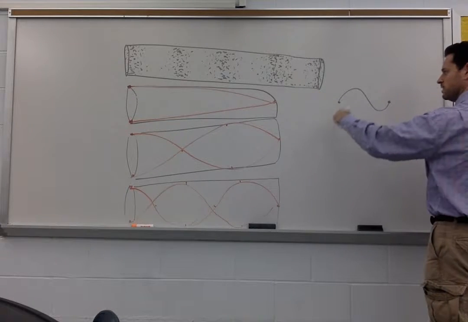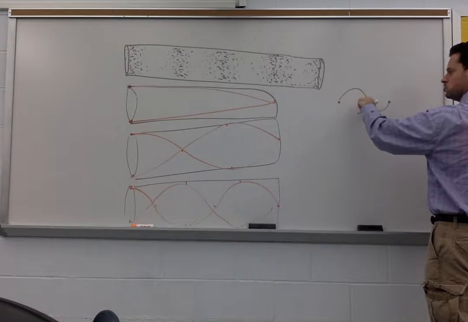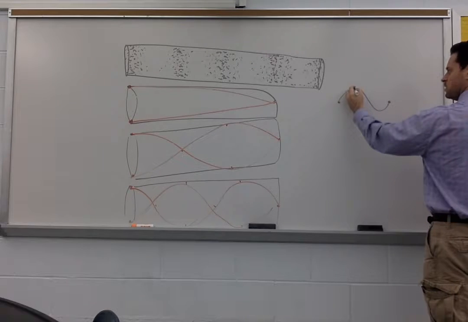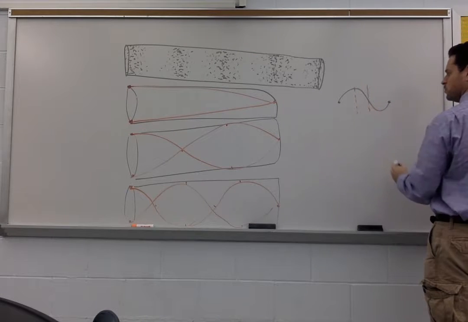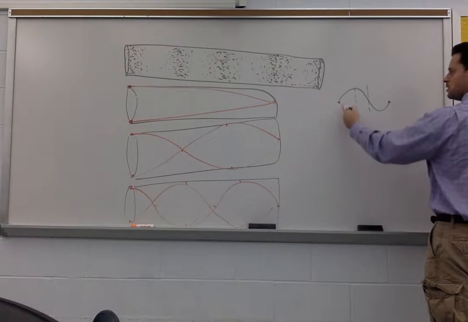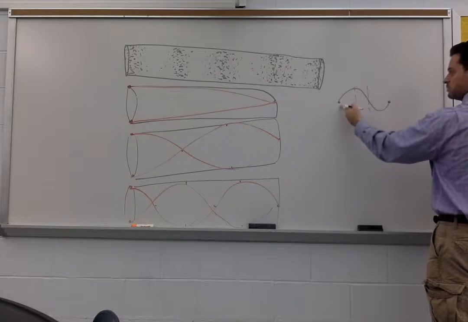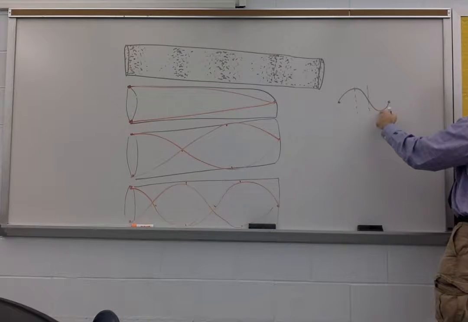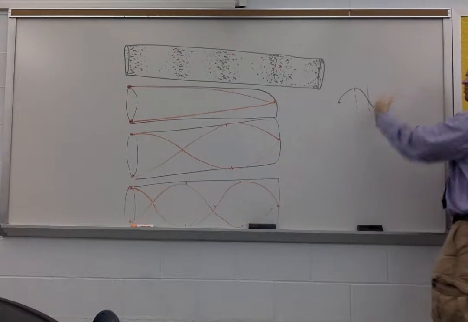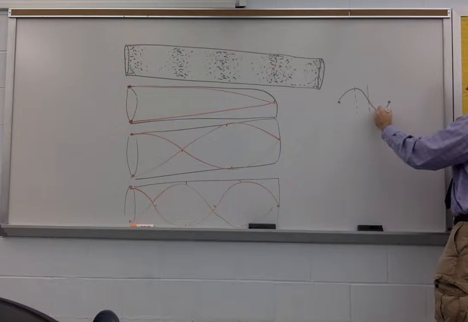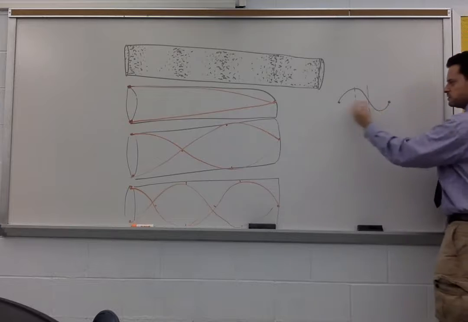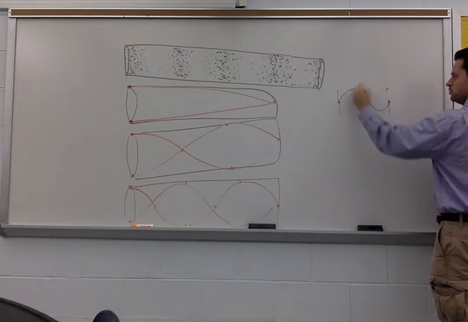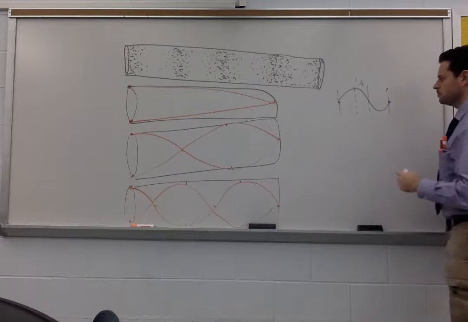It's from a highest point to a middle point. From a highest point to a middle point. This is also from a highest point to a middle point. This is from a middle to a lowest point, which is kind of like the inverse of that, and this is from a lowest point to a middle point. Each one of these is 1/4 of the total.